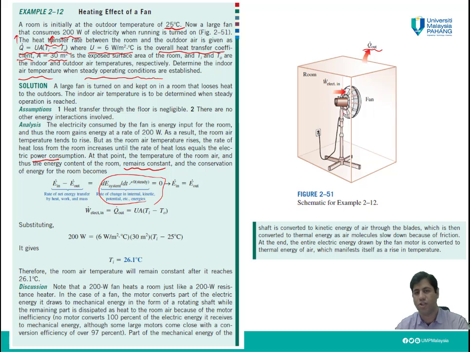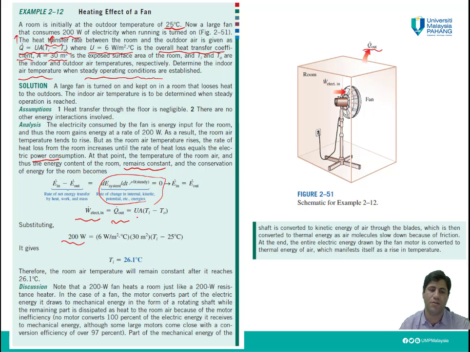W dot electric, which comes to the system, is E dot in. Q dot out, or the thermal energy which goes out of the system, is Q dot out. And we know how much is Q dot out. We have an equation for that. And also W dot electric, or electric power, we know that it's 200 watts.